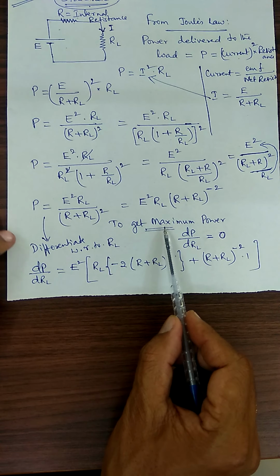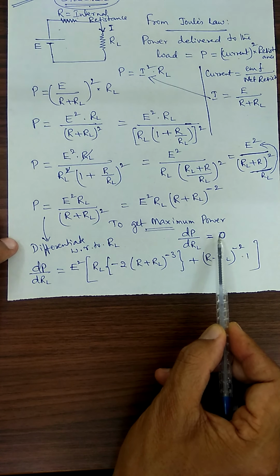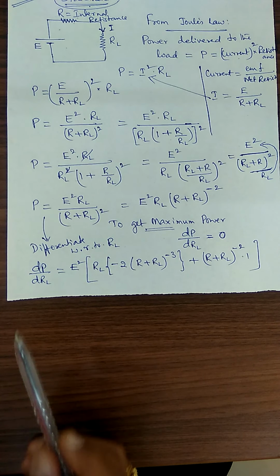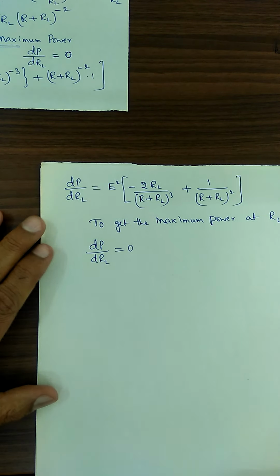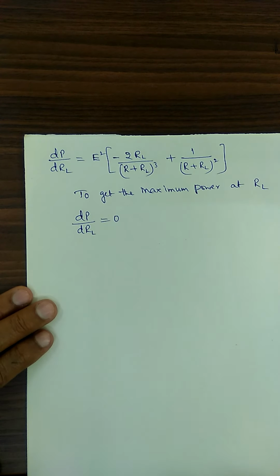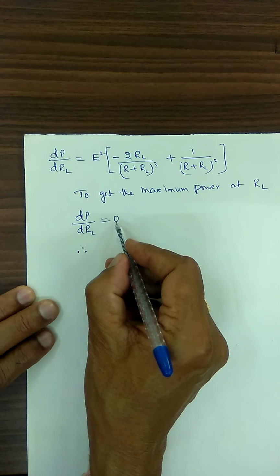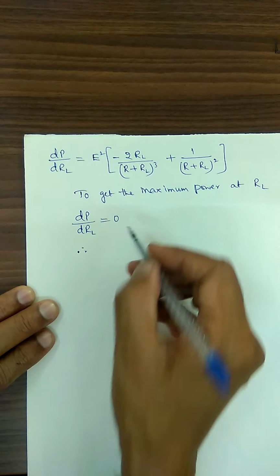After differentiation, to get the maximum power, whatever we have done must be equated to 0. Okay, yes. Then we got this as the answer. Clear? Therefore, if the left hand side is equated to 0, I have to equate this one to 0.